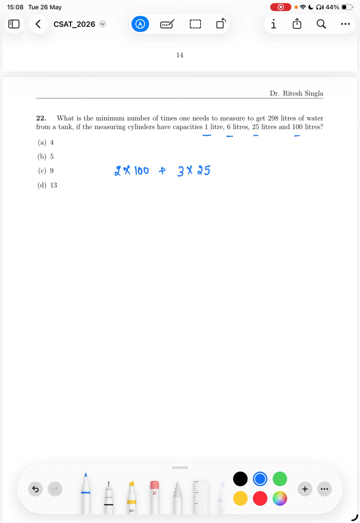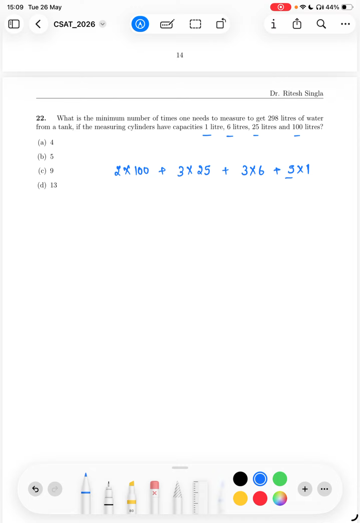So the minimum number of ways we can withdraw 298 liters of water. So we will start with the maximum of each we can take. If I am taking a 100 liter can, I can just dip it two times at max, right? So 2 into 100, then 3 into 25. So it is 75. How much is left? 23. So it will be again 3 into 6 and then 5 into 1.